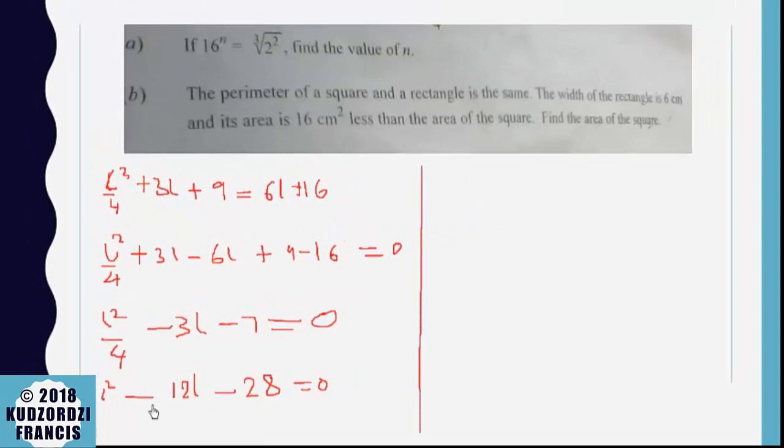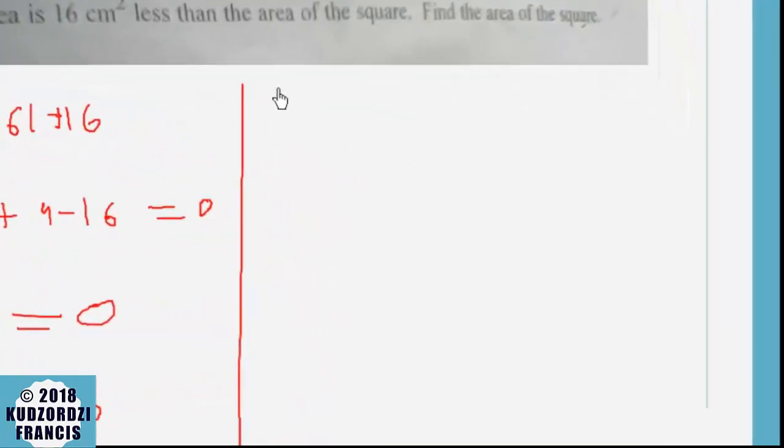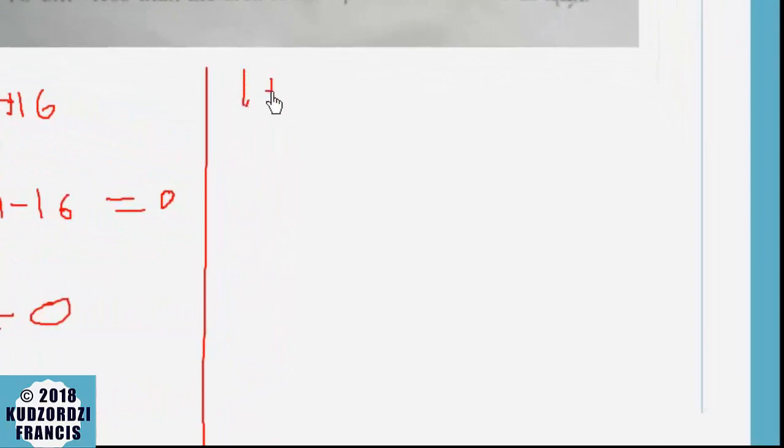Now you factor this to get L plus 2 times L minus 14 is equal to 0.